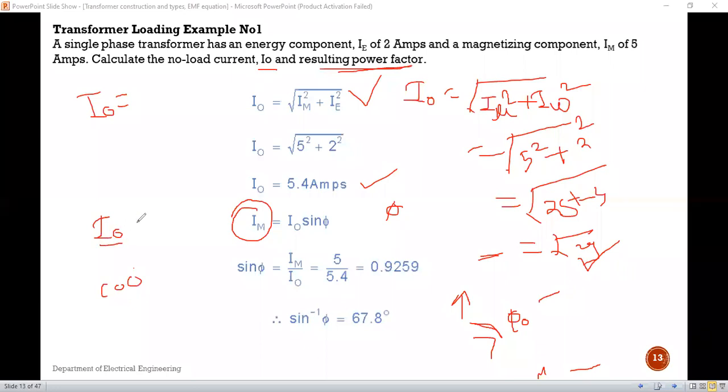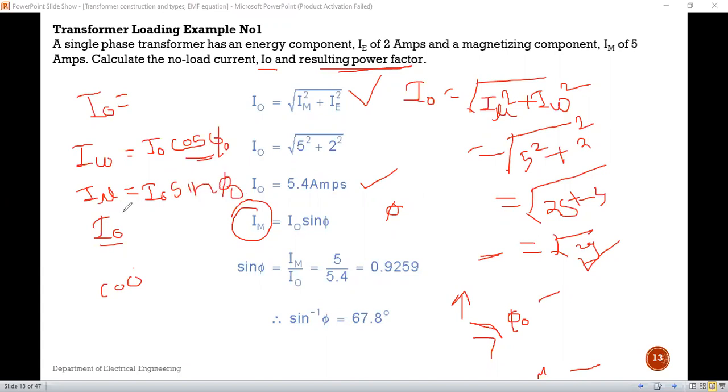We have calculated I0. You have two formulas. The working component formula is IW equals I0 cos of phi 0. So we want to calculate cos phi 0. Another formula is I mu, the magnetizing component, equals I0 sin of phi 0.